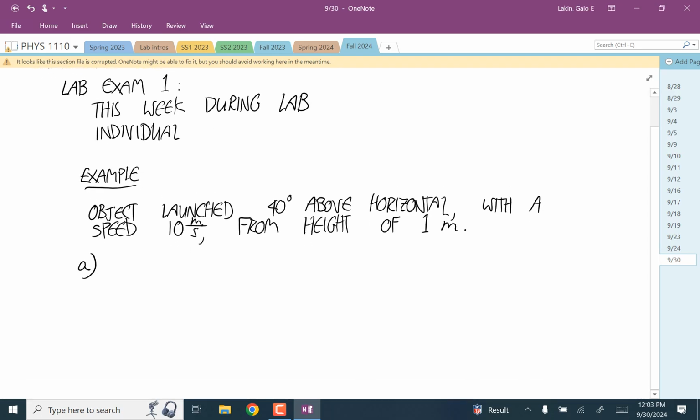And we want to first figure out what's the object's position vector when it reaches its highest point.